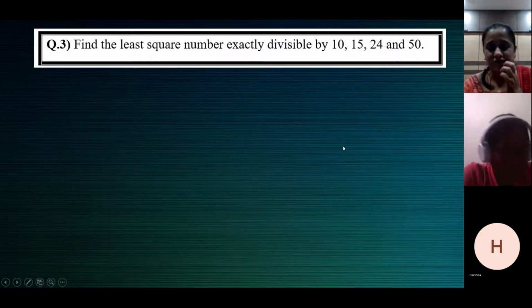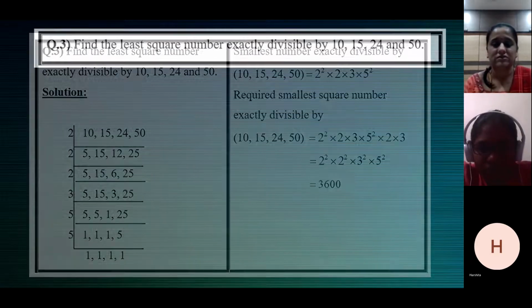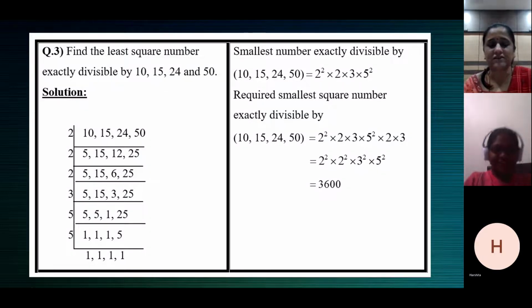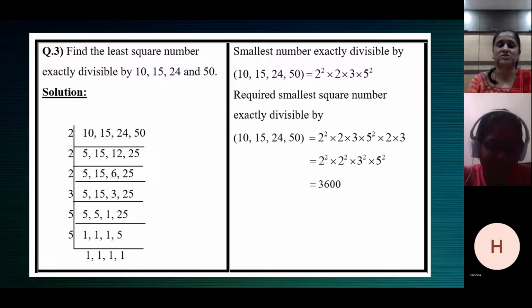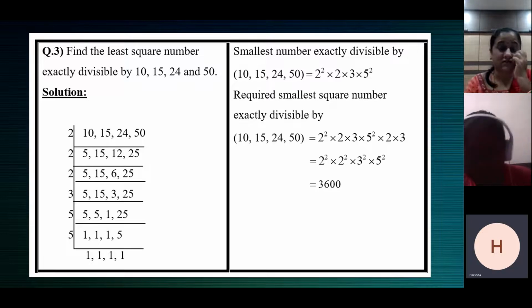So one of you said 36,000 and the other said 600. Okay, so this time Nandana is right. I think you have made a mistake in multiplication. It should be 3,600. Now Harshita, you have to ask me where you have a doubt.